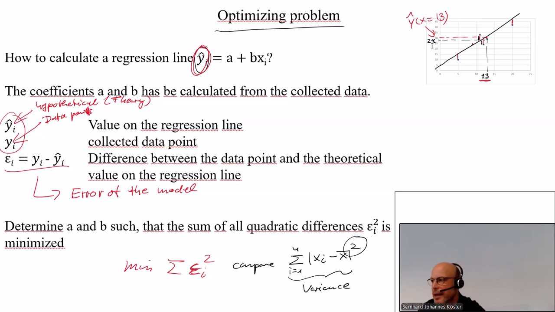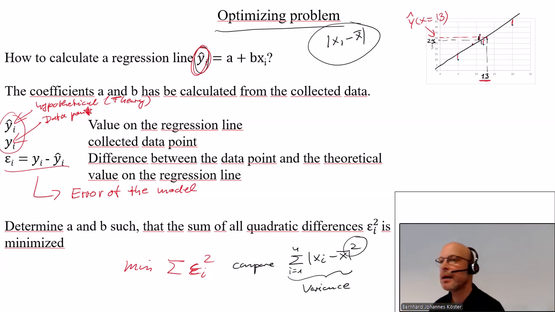Okay, anything else? Because this we could also do if we would choose just the absolute value of the difference. Why don't we use this form? This would also do the job, that a minus becomes a plus sign.